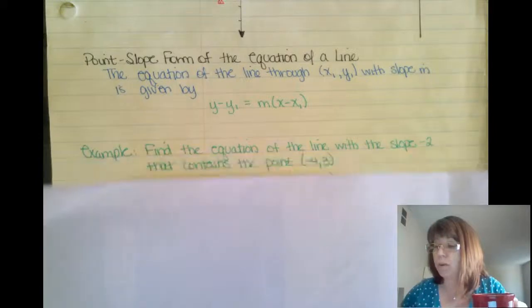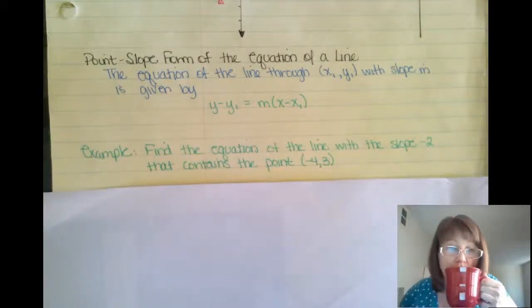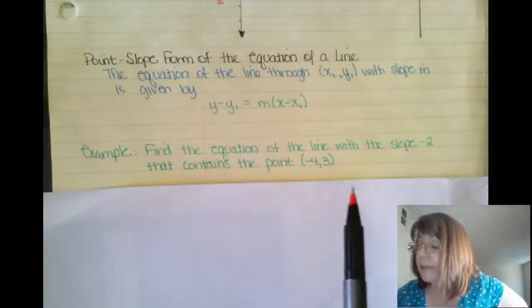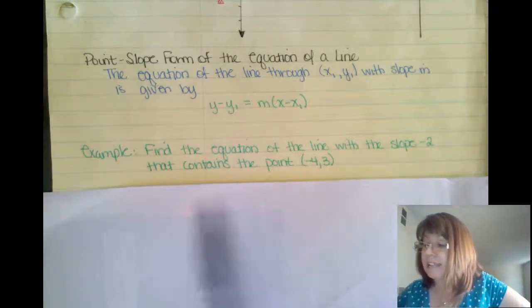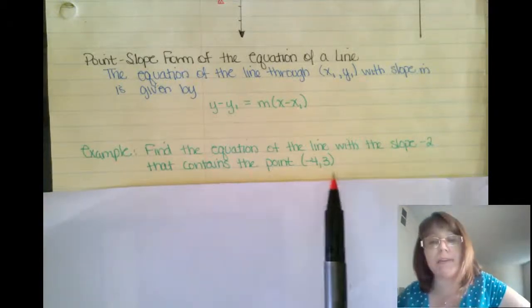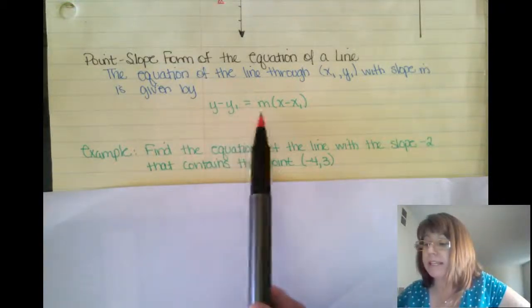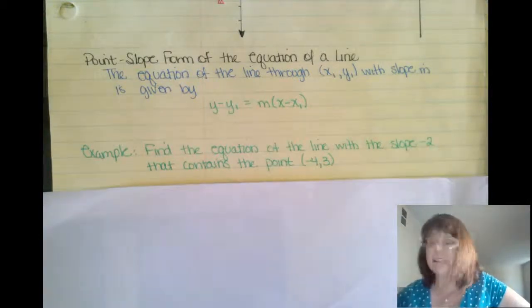So now let's work through an example. Pardon me, my voice is a little scratchy. Find the equation of the line with the slope of negative 2 that contains the point negative 4, 3. So we're going to use our y minus y1 equals m times the quantity x minus x1 to solve this problem.